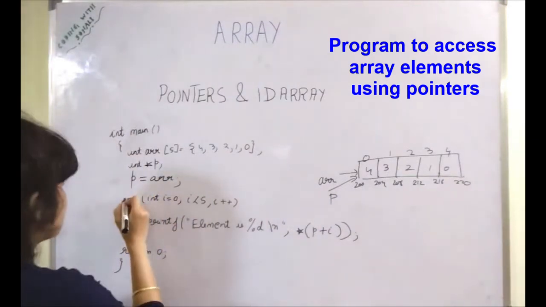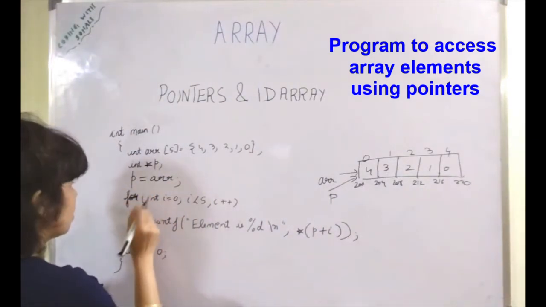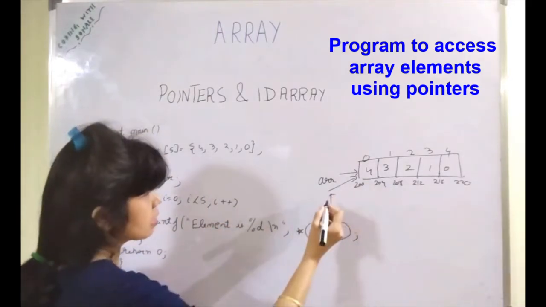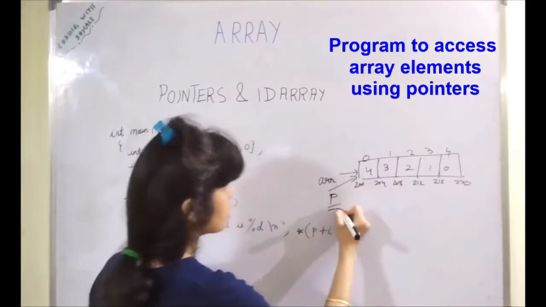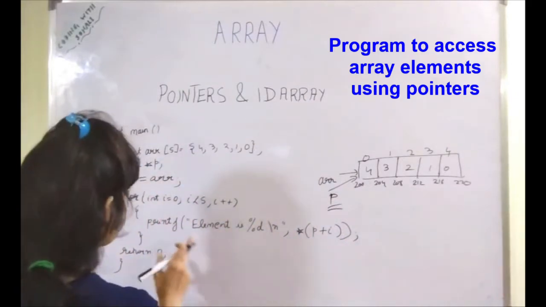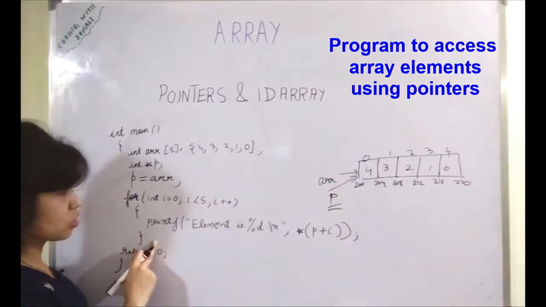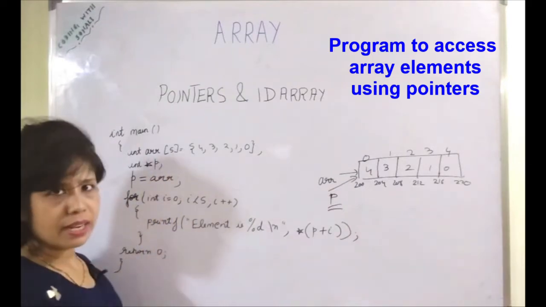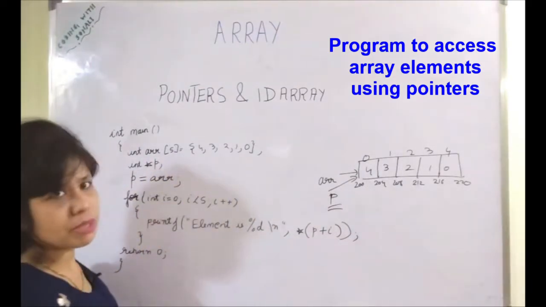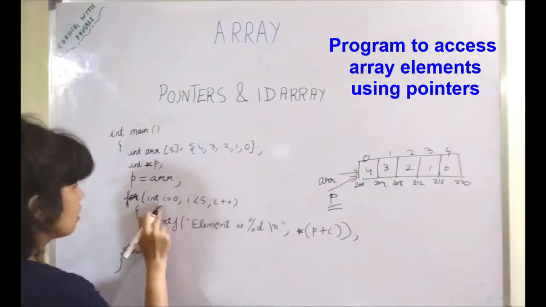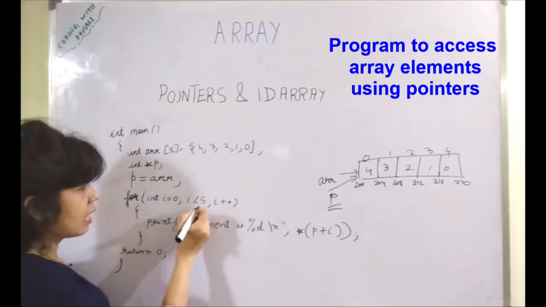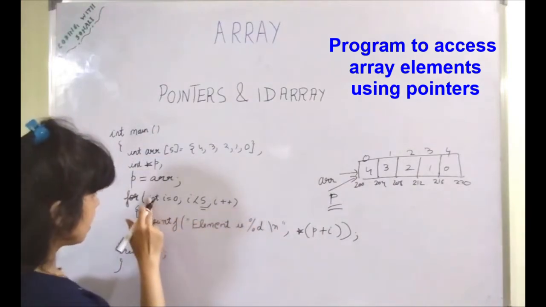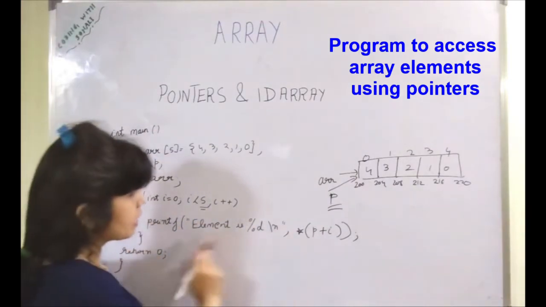Now since this is a for loop, since I have to access this array using this pointer that is P, how to access? I am taking a for loop first of all, and I will run this for loop till the size of the array elements, because I have to access all the elements of the array using the pointer. Therefore int i = 0, i less than 5, that is the size of the 1D array, and i++, and inside this for loop I am giving a display message.